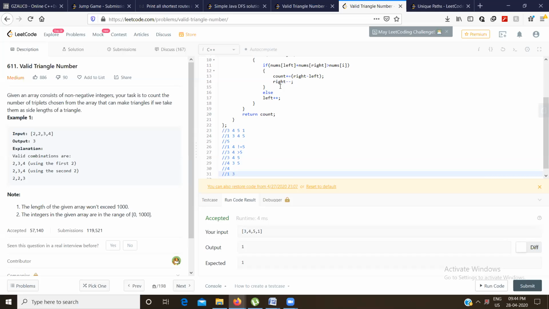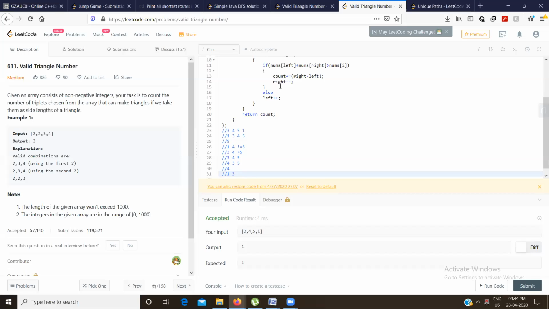Saurav, can you explain line 13, why it is count plus right minus left? What does it mean here? When you selected 2 points and got the third point, they formed a triangle, right? Now all the numbers after that third point will always be greater, so those many triangles you can form, rather than checking every point whether it will form or not.